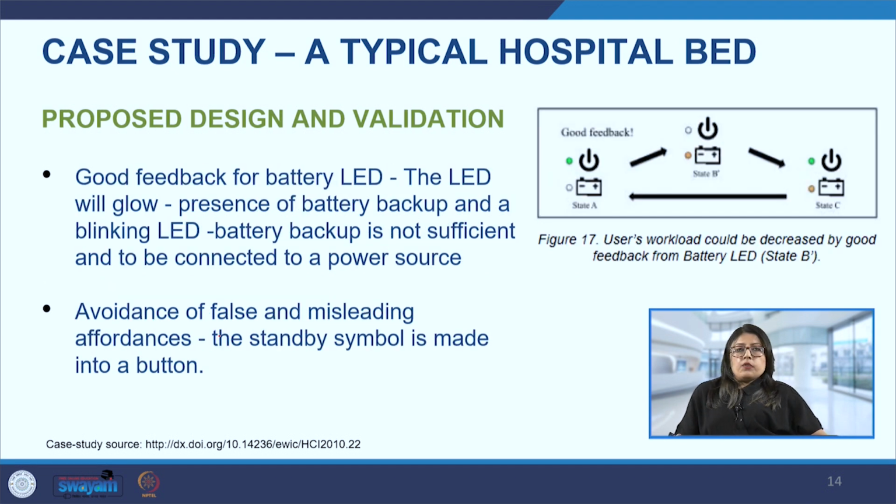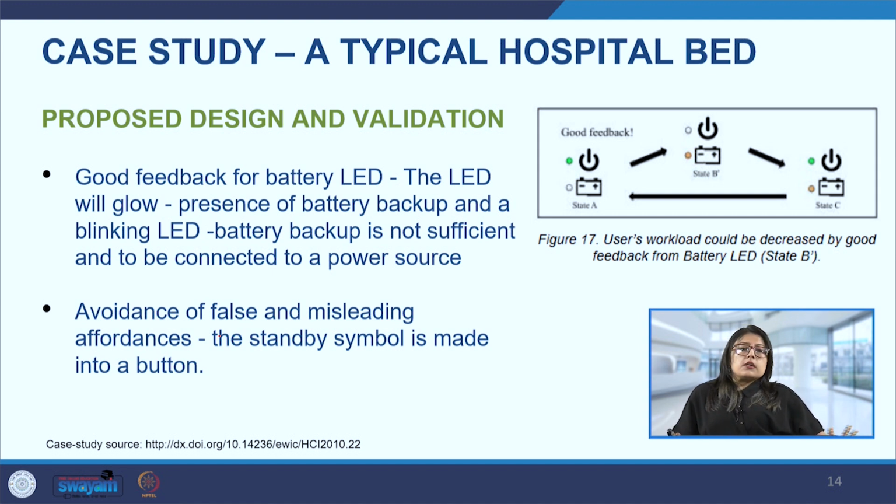Then in the next point we see the good feedback for the battery LED. Now we can see in the diagram that this LED will glow and it will also blink. So the different stages of the LED will inform about different situations or conditions of the battery life. So when the backup is not sufficient, we will then connect it with the power source.